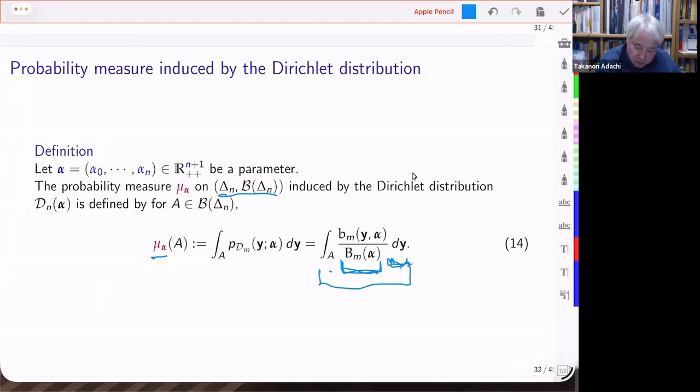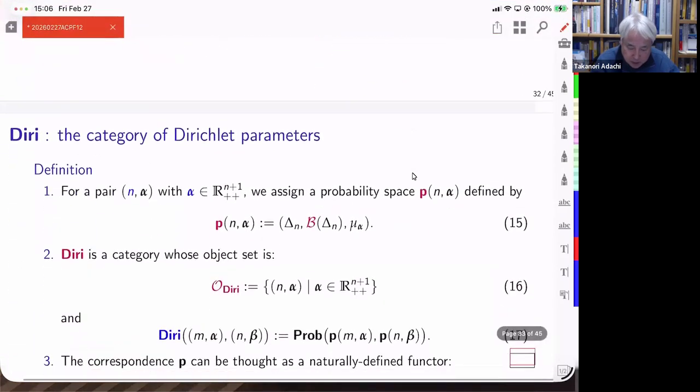For each measurable set A of the convex set delta_n, we introduce a probability measure using these. So now the point is mu_alpha, where alpha is n plus one positive parameters.